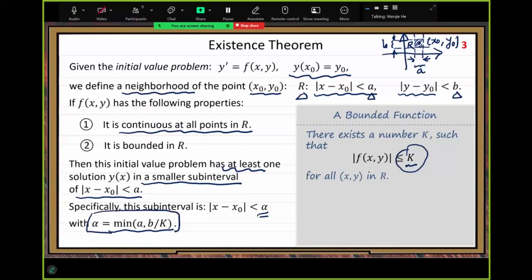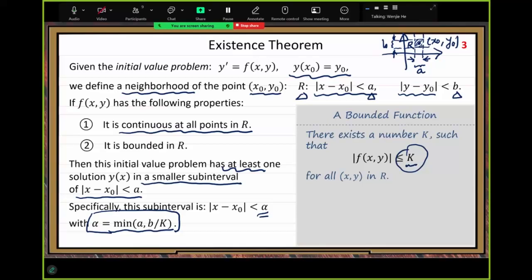You need to look at the proof. In order to make the whole proof work, we need this smaller alpha. This constant alpha relies on the technique used in that proof.